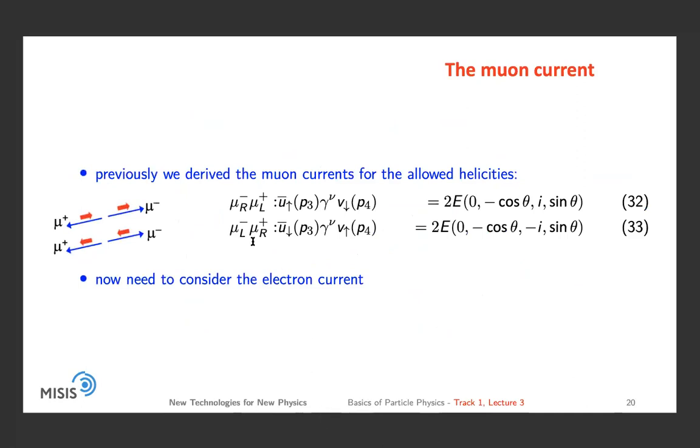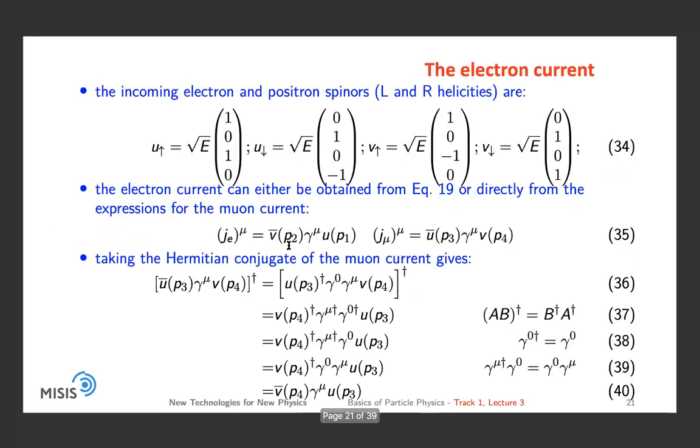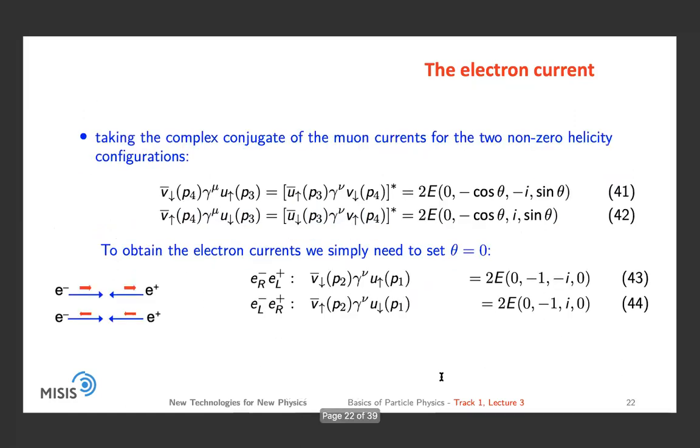So previously we derived the muon currents for the allowed helicities. Now let's see how it looks for the electron currents. Again, we can write down the same matrices as previously and obtain the electron current either by directly computing it using the equation or from the expression for the muon current. So you can take the muon current as computed and see that if we take the Hermitian conjugate of this muon current, we obtain the expression which we need for the electron current.